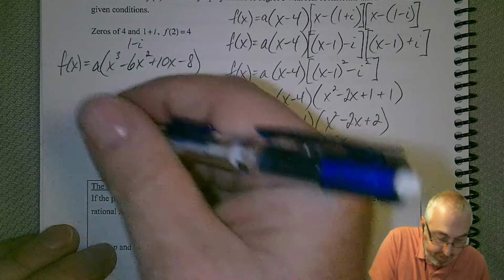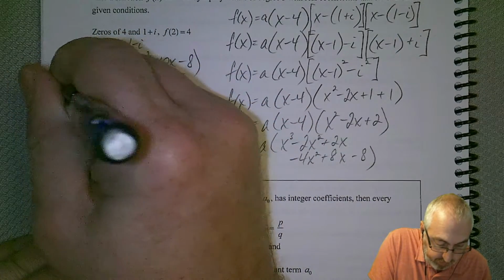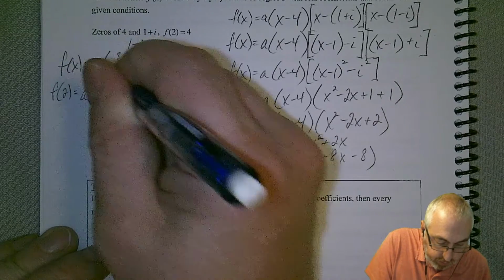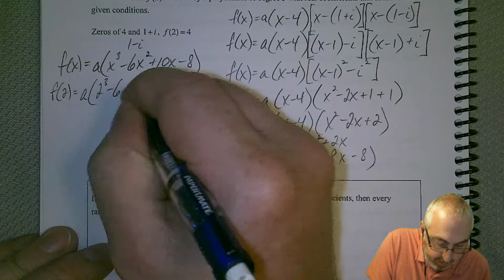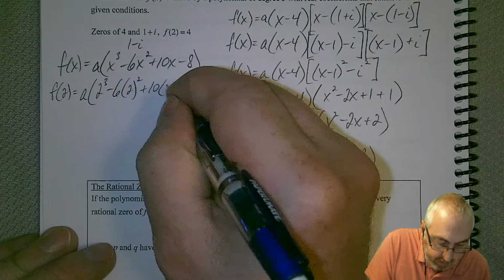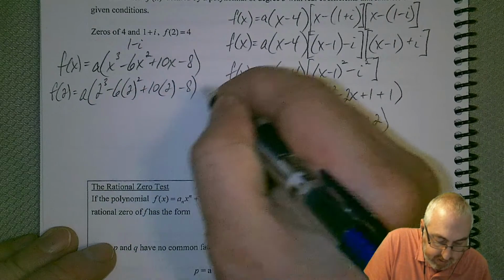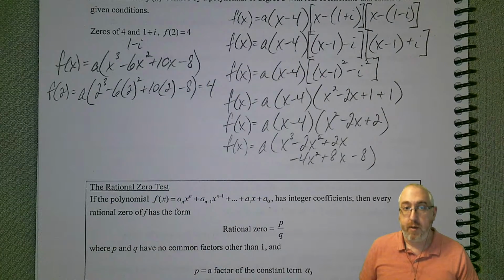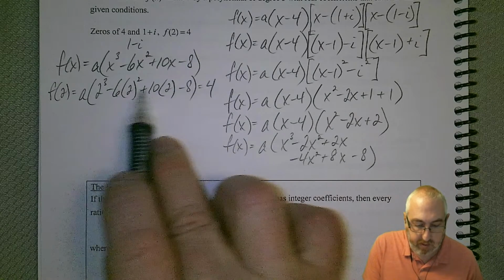So let's do that. f of 2 is equal to a times 2 to the third minus 6 times 2 squared plus 10 times 2 minus 8, and that should all equal 4. So now we just have to break all this down.